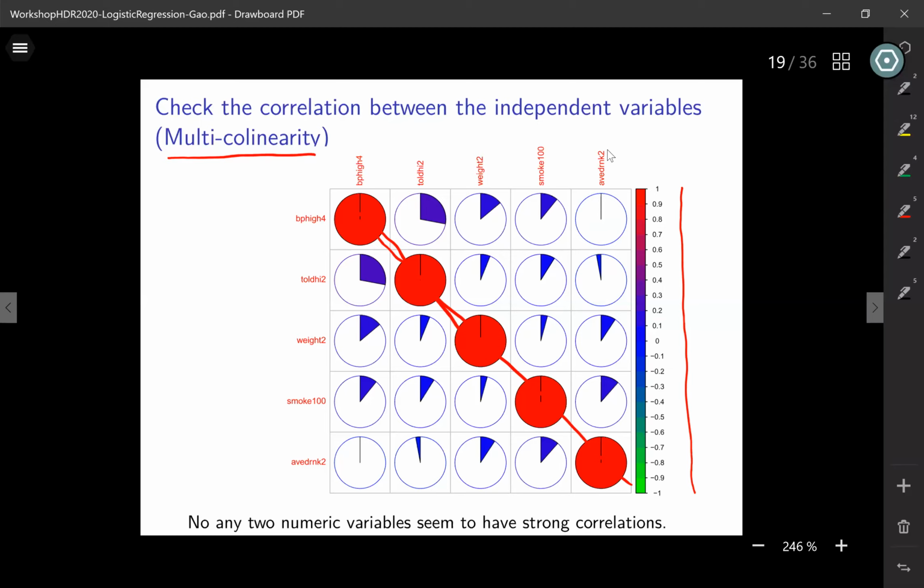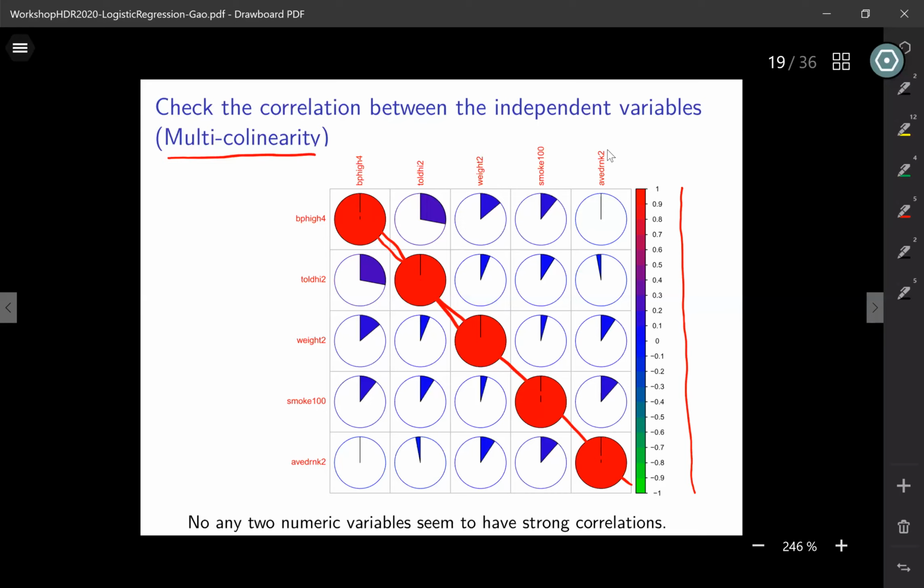Also you see the color, red and blue. Red means a large correlation, right? For the rest of the pairwise correlations, most of them are just blue ones. Blue means a very small relationship or correlation, right? The smallest one is 0, of course, and then 0.2, 0.1.